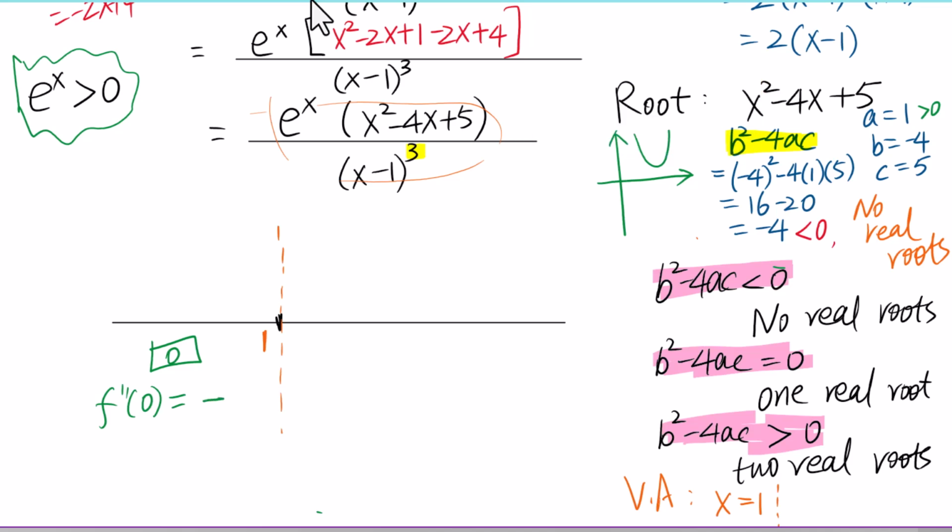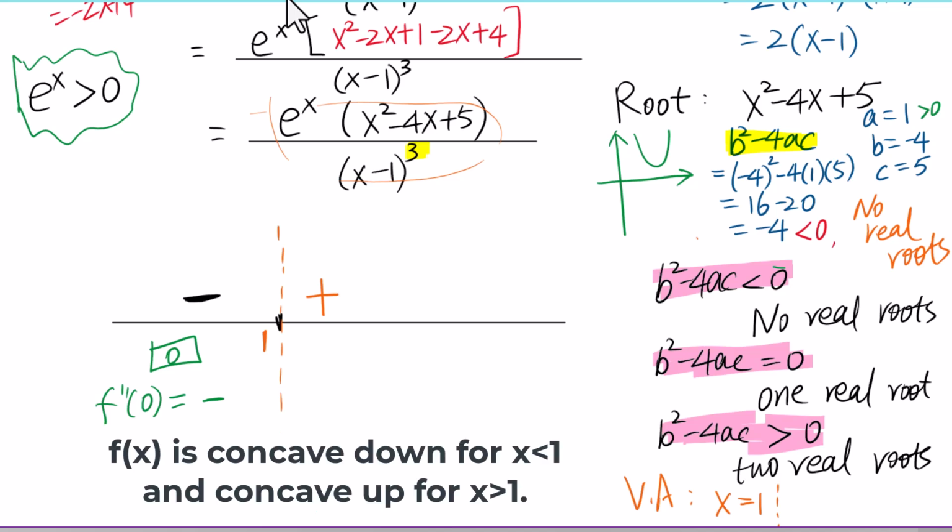We got a negative number, so this interval is negative. Take the exponent, odd power, we need to change the sign. Positive here. We can write down the geometrical significance of this second derivative: f of x is concave down for x less than 1 and concave up for x greater than 1.